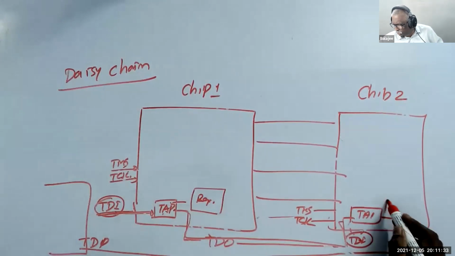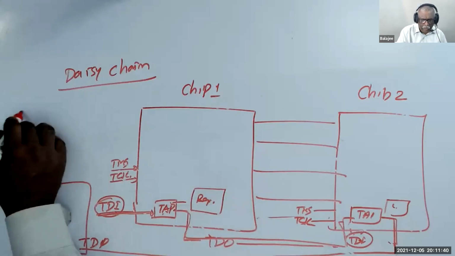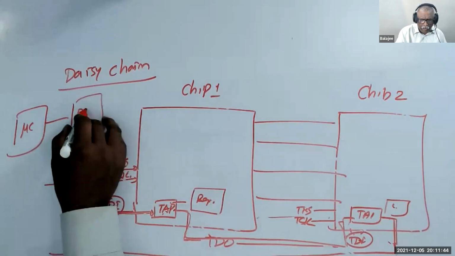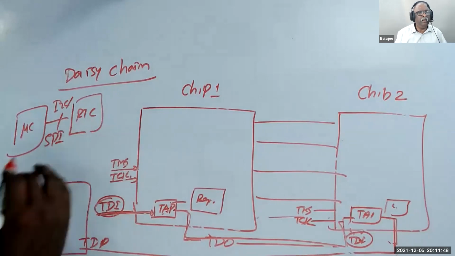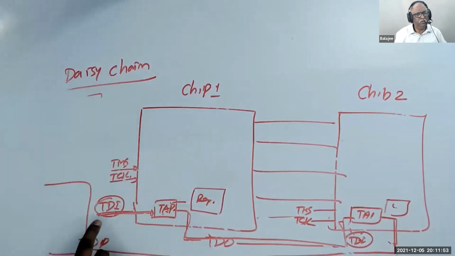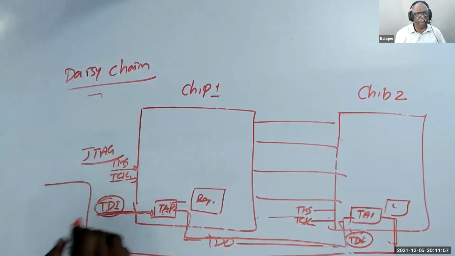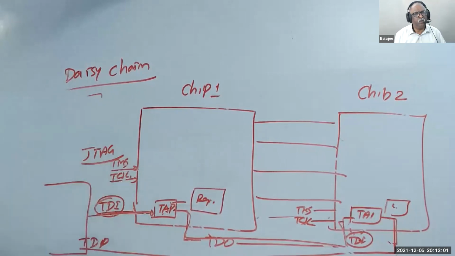It is like a controller, like how we previously used a microcontroller to control an RTC over I2C or SPI. Like I2C or SPI, JTAG is also a serial interface. The clock is used to send the data.